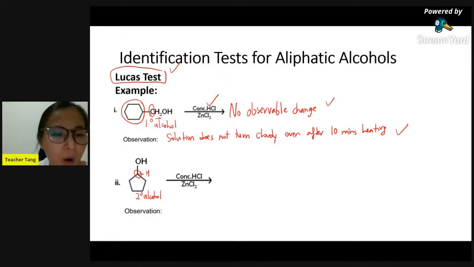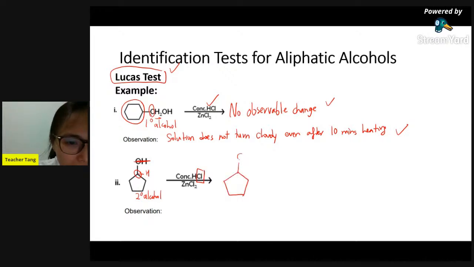If it occurs, the OH will be replaced by Cl. So your product will have Cl here. And then the OH that leaves combines with the H to give you the byproduct water.